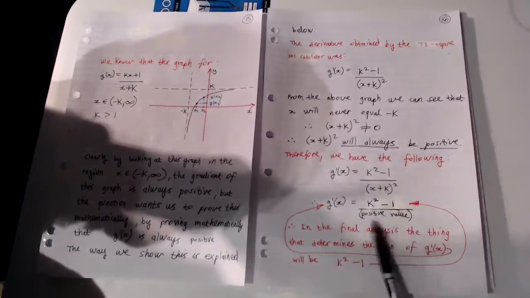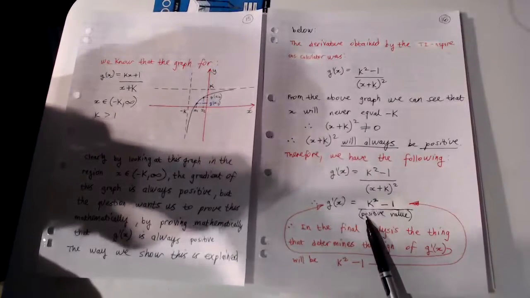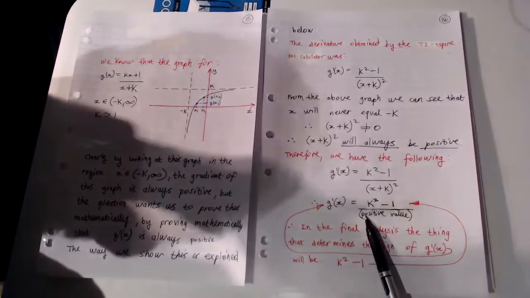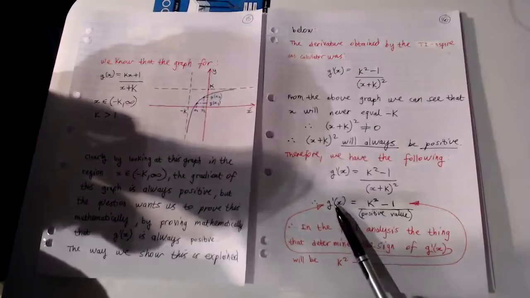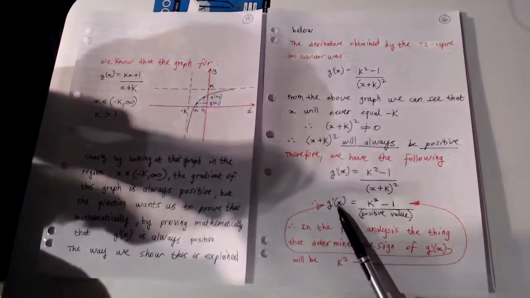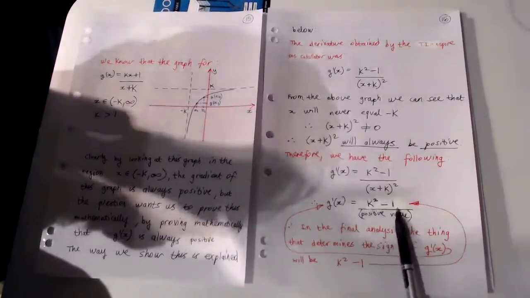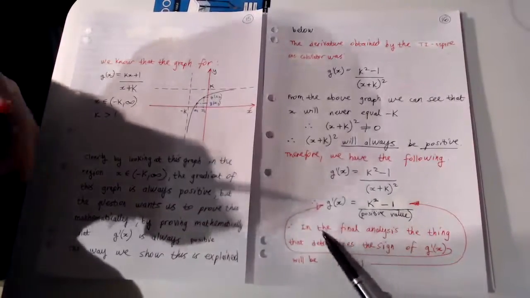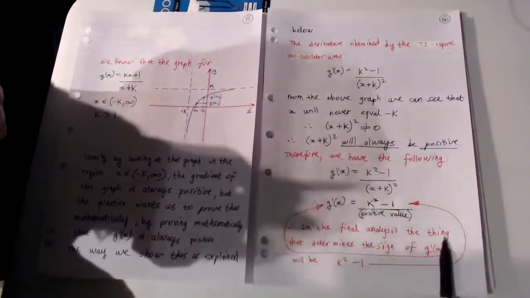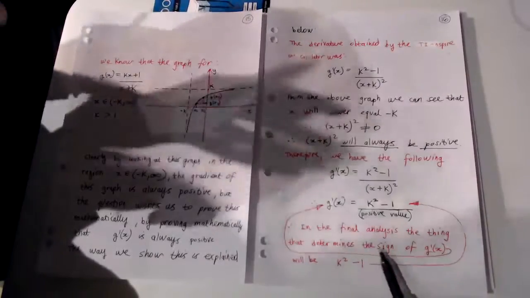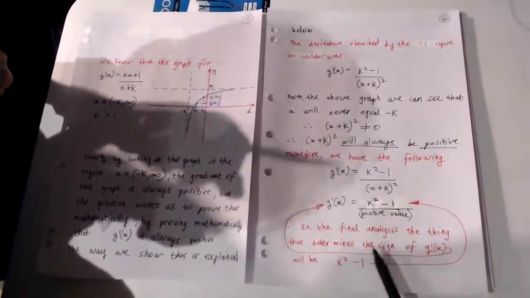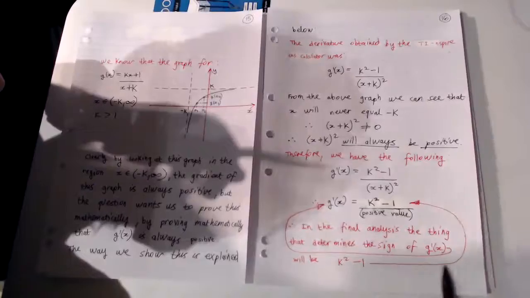Because the bottom bit is positive, in the final analysis, the thing that determines whether g'(x) will be positive or negative will be the top bit, the numerator. The thing that determines the sign of g'(x) will be k squared minus 1.